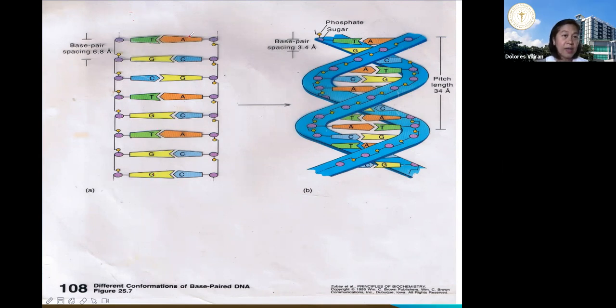It could be 5 prime to 3 prime, and 3 prime to 5 prime. So this is the description for a double-stranded DNA.